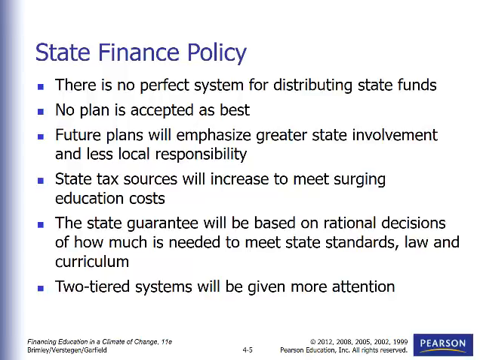A couple more things about state finance policy. The state guarantee will be based on rational decisions of how much is needed to meet state standards, law, and curriculum, and a two-tier system will be given more attention. We may get into that penultimate bullet there, that the state guarantee will be based on rational decisions of how much is needed to meet state standards, law, and curriculum.